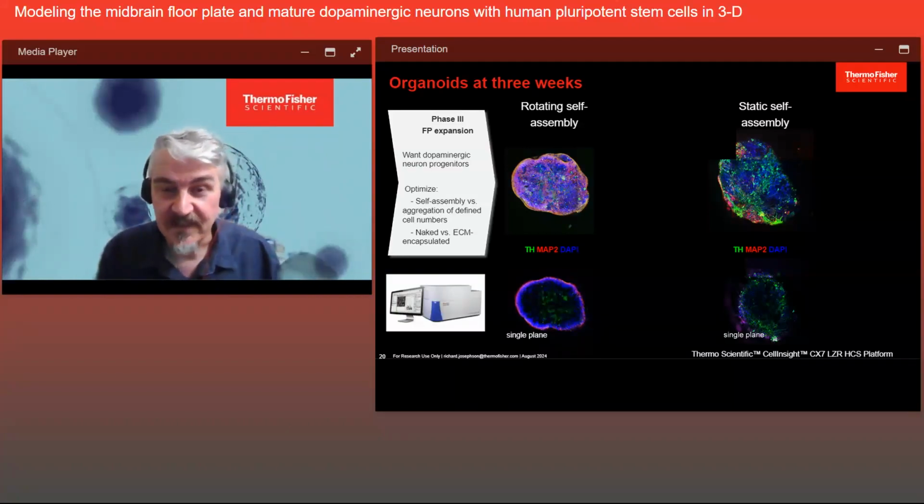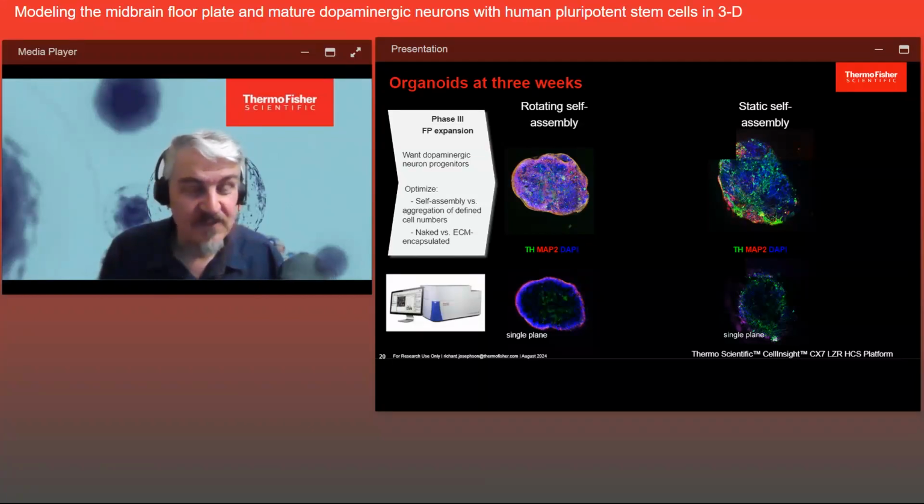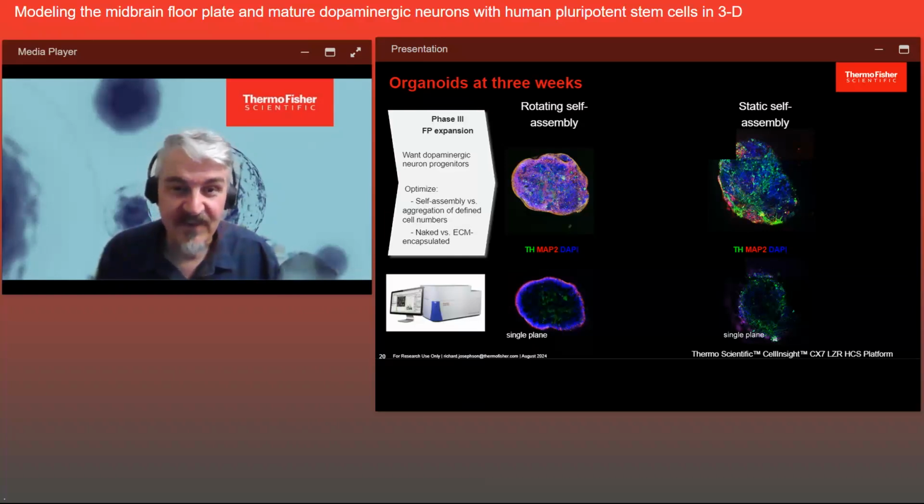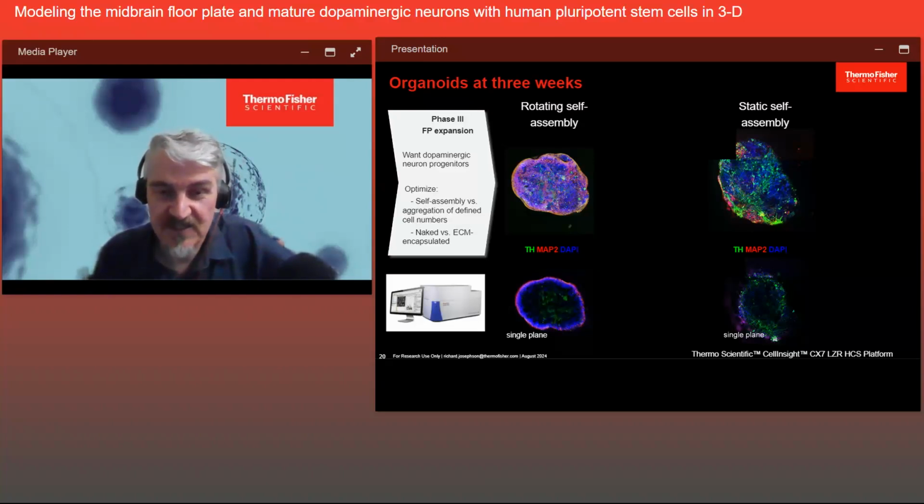So first on the left here, the organoid was formed in rotating culture without added extracellular matrix, and it has a fairly simple structure. You can see the outside is ringed with MAP2 positive neurons. It's more clear if you look below the maximum intensity projection at the top to a single optical plane at the bottom. And you only see the red MAP2 staining around the periphery of the organoid.